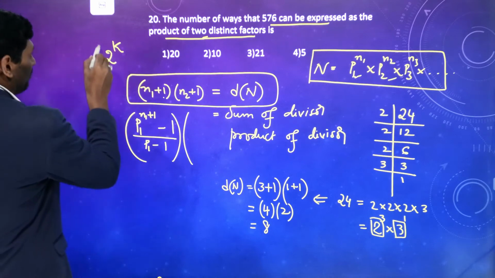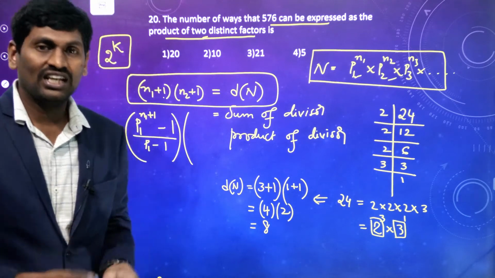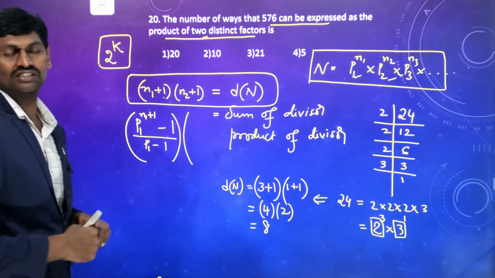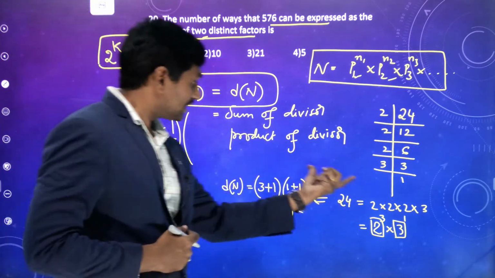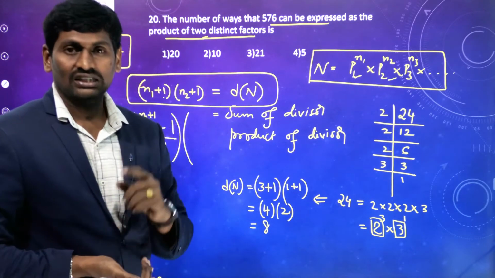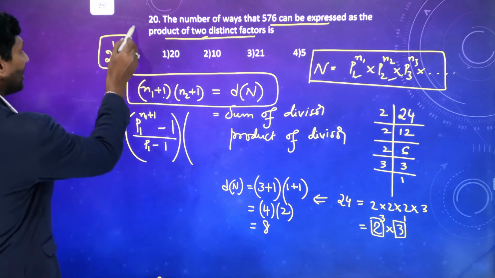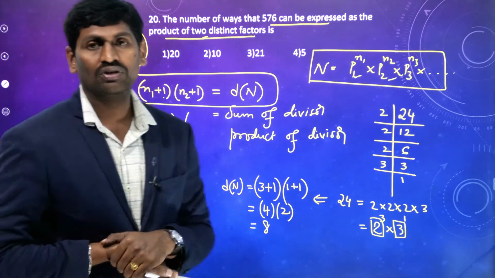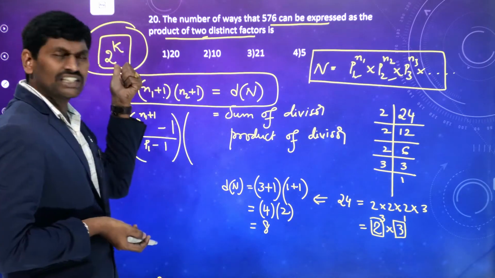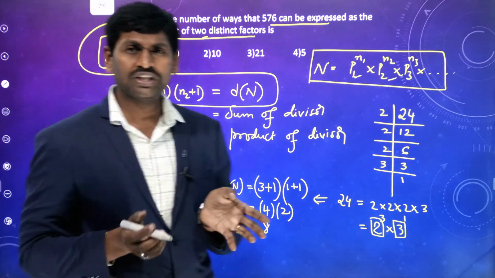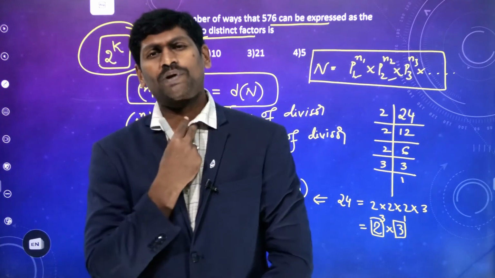When a composite number expressed as a product of prime numbers has only 2 powers, and no other prime factor is present, what is the number of odd primes? Because here 2 is the even prime. We discussed that 2 is the only even prime, and all the remaining primes are odd.